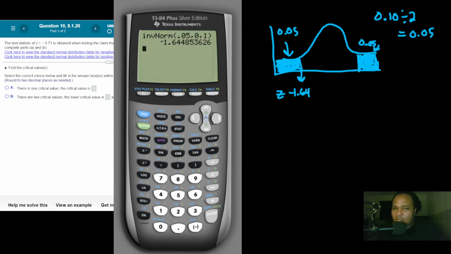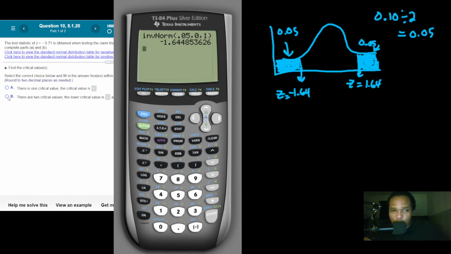Now, these are symmetrical, right? Do you remember how histograms work? If you have the same area on the left and the right, then over here it's going to be the same exact value, but positive. And that's this guy over here. That's it. So we have two critical values. They're both going to be the same magnitude. We use technology to get them, and that's what you want to stick with: technology, knowing how to use the calculator.